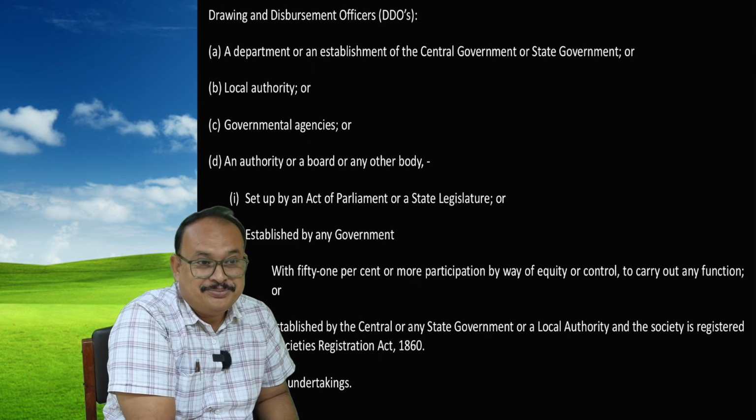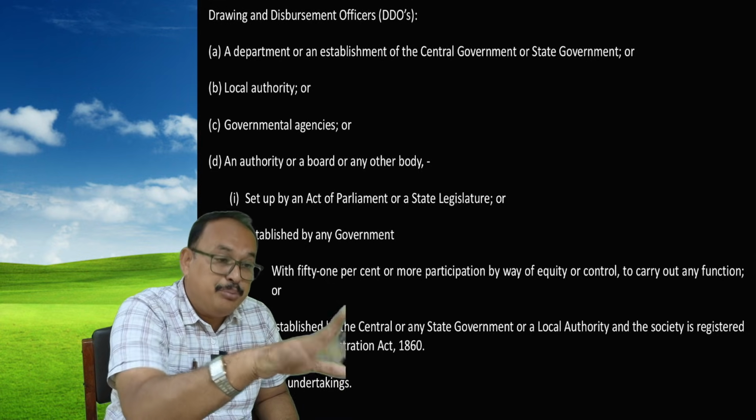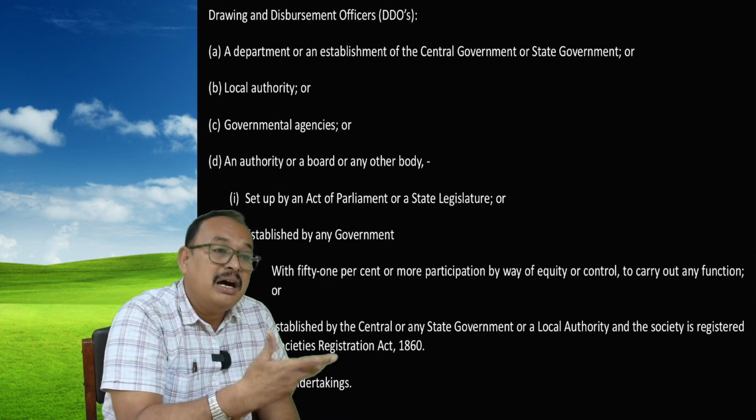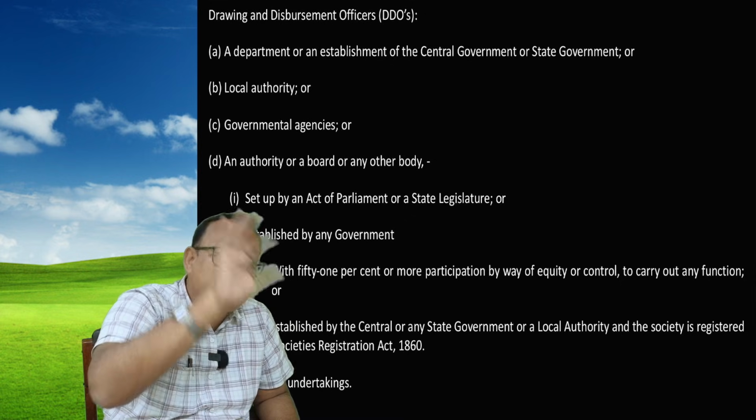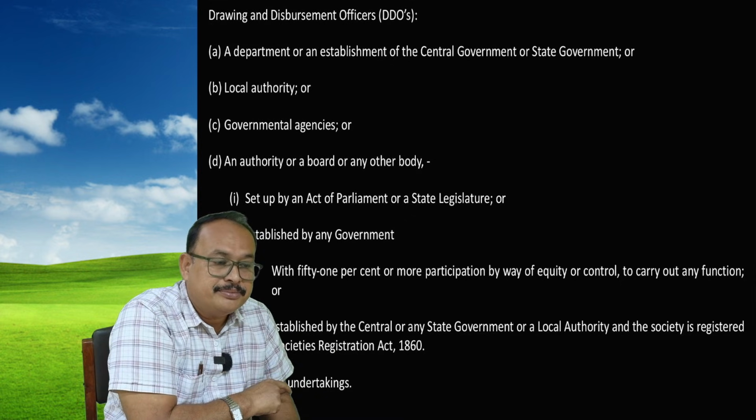It should be government, central, state or union territory or local authority, or a PSU, or a government company, or a statutory body, or a society registered under the Societies Registration Act. You get my point, sir?